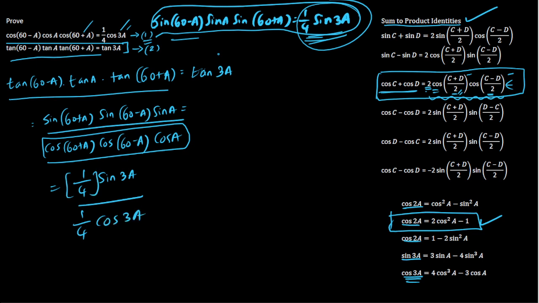So the 1 by 4 in the numerator and the 1 by 4 in the denominator get cancelled out. So you will get sine 3A by cos 3A, which is tan 3A. This is how you can easily prove it, provided you remember 1 by 4 sine 3A for the numerator part, and 1 by 4 cos 3A for the denominator part of the identity shown there.